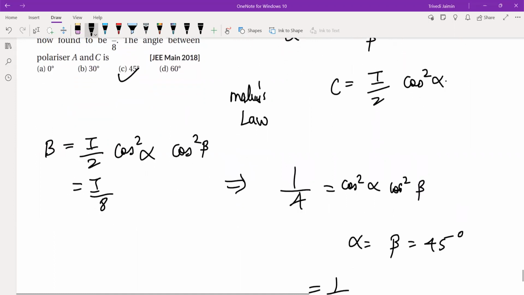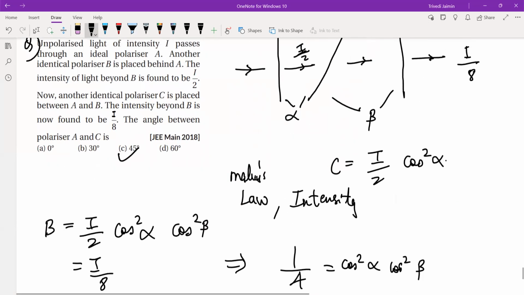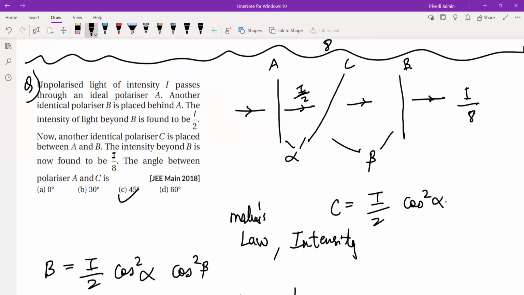These are formulas, Malus law of intensity. Make a note of this formula in your small notebook for finding the angle between two intensities.